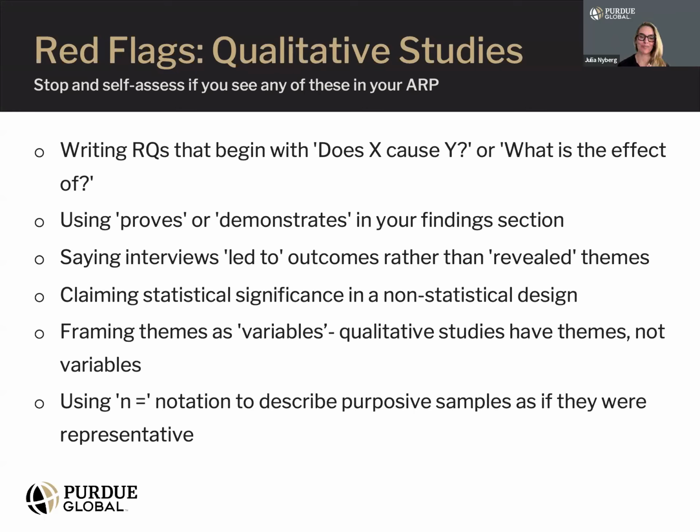Next up, claiming statistical significance in a qualitative study signals a category confusion. Qualitative studies use trustworthiness criteria, not p-values. Anytime you're saying statistical significance, you're implying p-values, which is associated with quantitative studies.